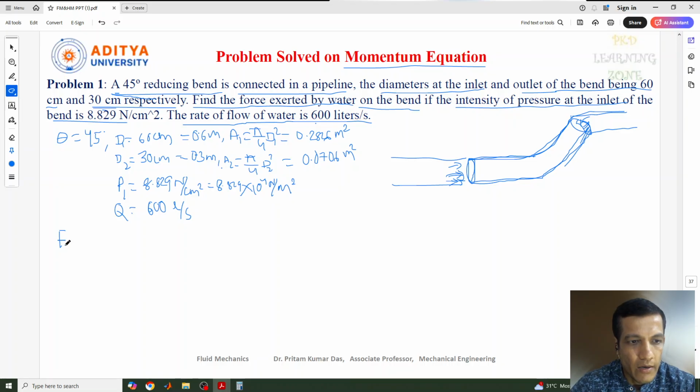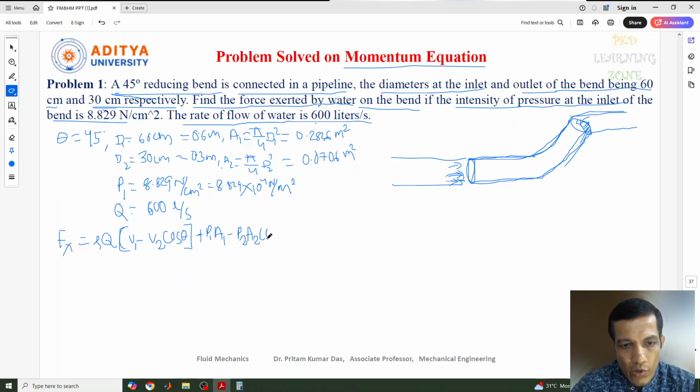If you remember the force in the x direction that we derived in our previous lecture, it is rho into Q times the bracket V1 minus V2 cos theta, close bracket, plus P1 A1 minus P2 A2 cos theta. This was the formula for the force in the x direction. The force exerted by the water on the pipe bend is what we need to find here.